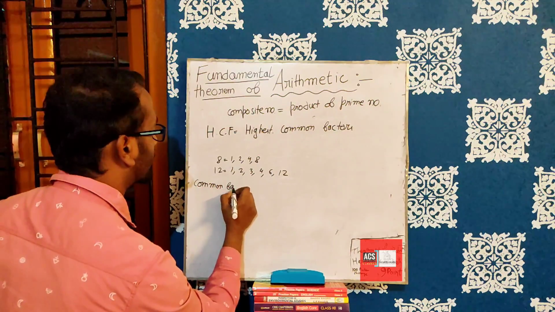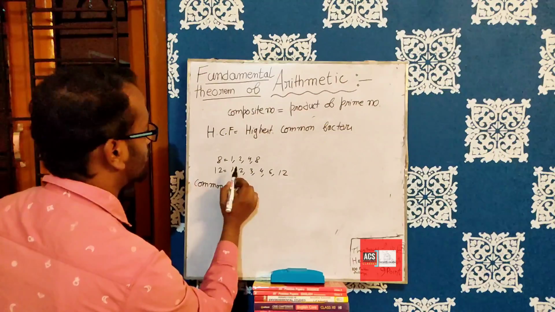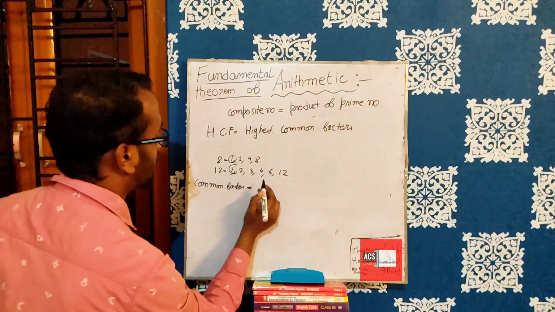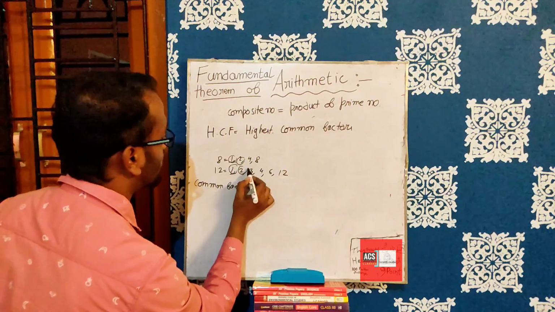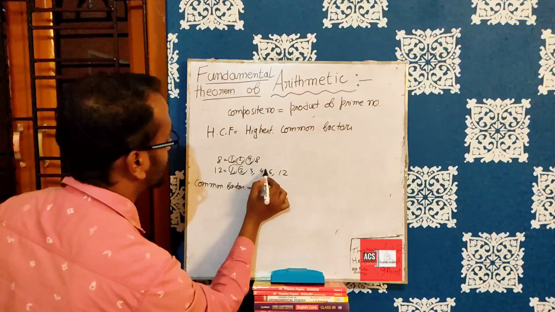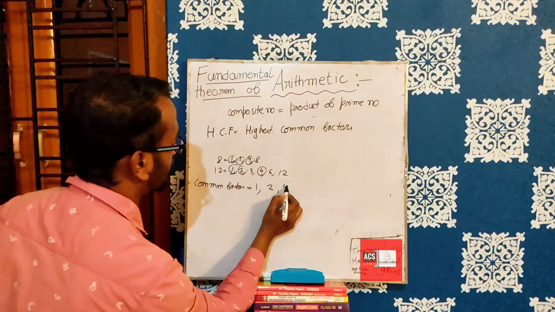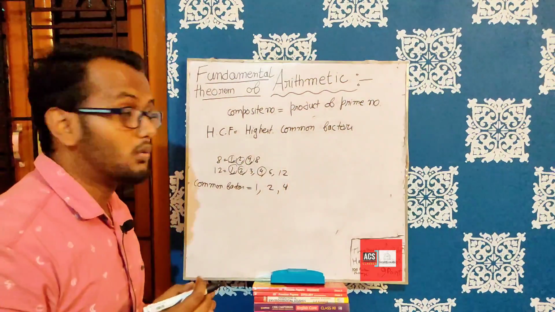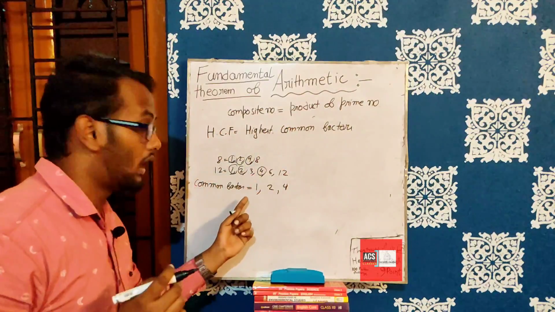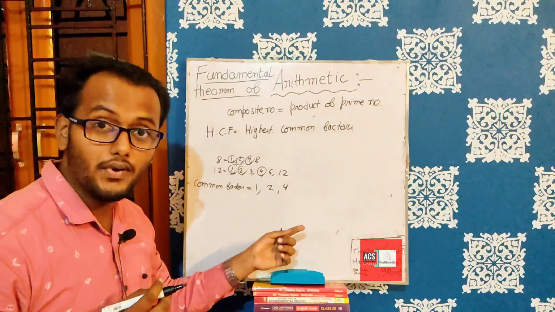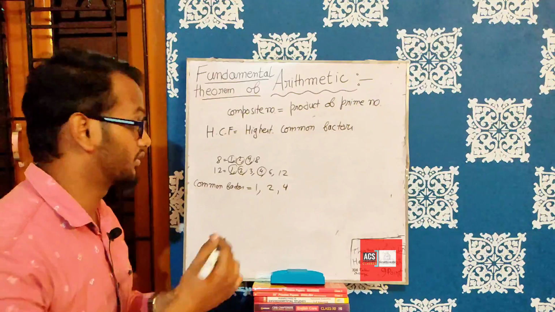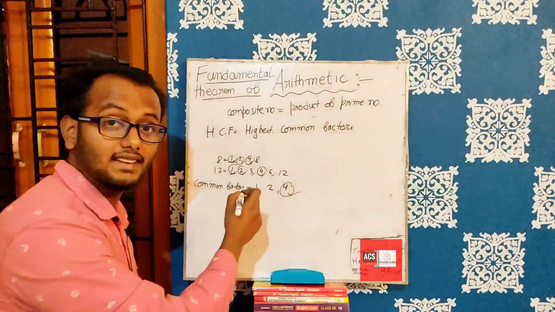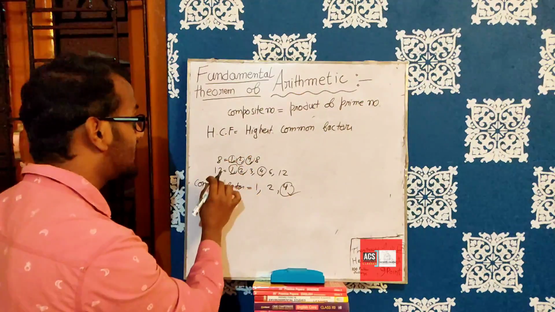If you see the factors, 1 is a common factor, 2 is a common factor, 4 is a common factor. Now, the highest common factor: out of all these 3 common factors, which one is the highest? 4 is the highest number. So HCF of 8 and 12 is 4.